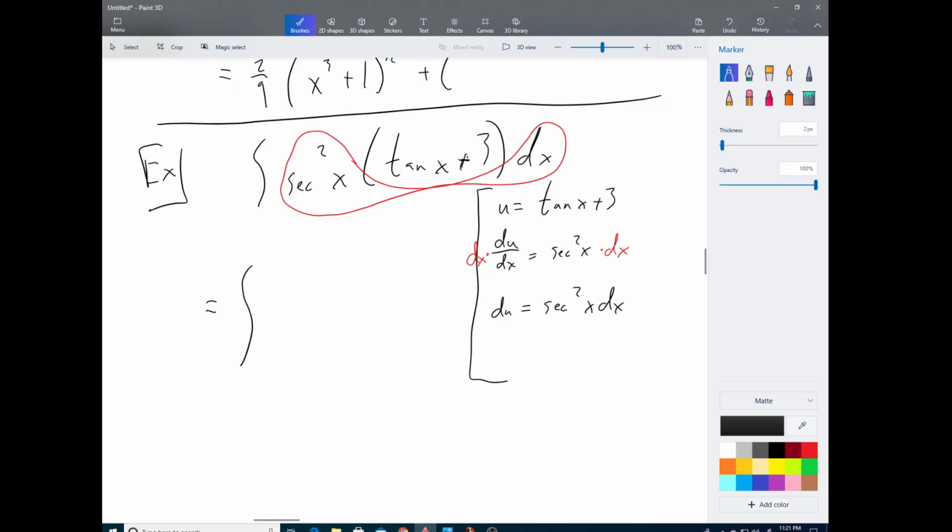Okay, so we have u, and then on this part right here we have du, about as simple an integral as you possibly could get. And of course you're not done until you substitute back in what u equals.